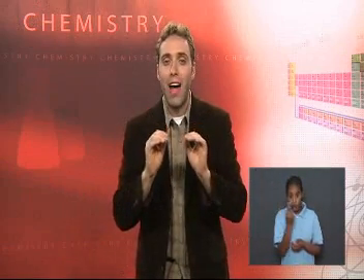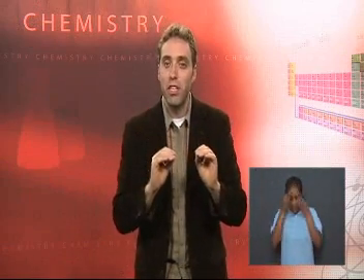The cell voltage, as measured by the voltmeter, is 0.76 volts. Students, let us do an activity. Use the defined standard reduction potential of hydrogen ion to determine the standard reduction potential for the zinc 2 plus to zinc half reaction.